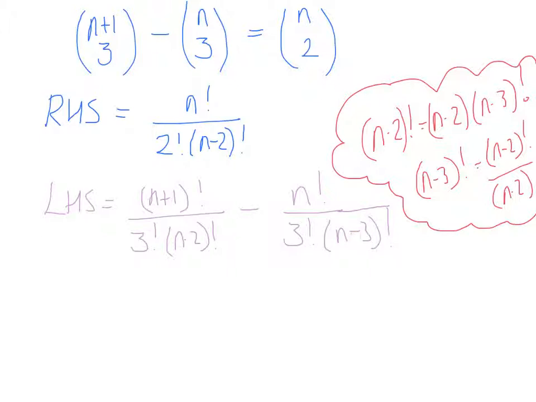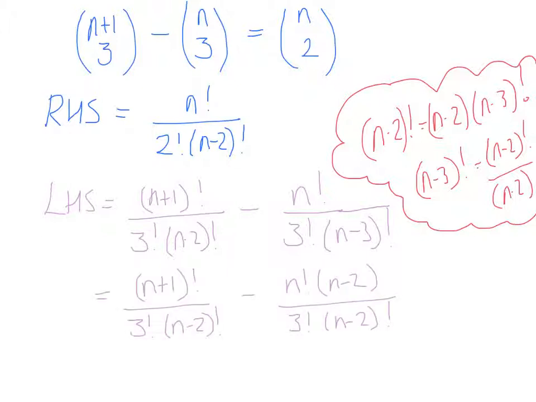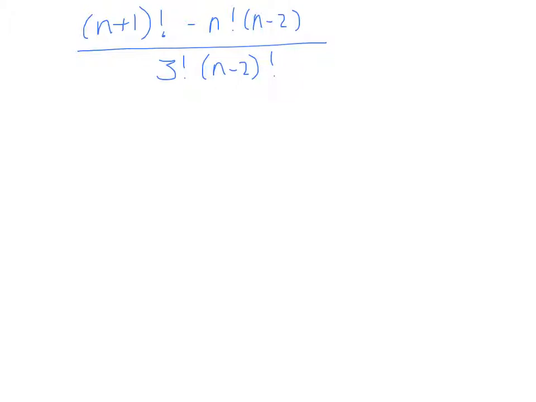Because it's 1 over, these are going to be switched around. So this remained the same. This n minus 3 factorial has been swapped, and now I have a common denominator, so I can combine these fractions. So I have now combined the two fractions into one with a common denominator.